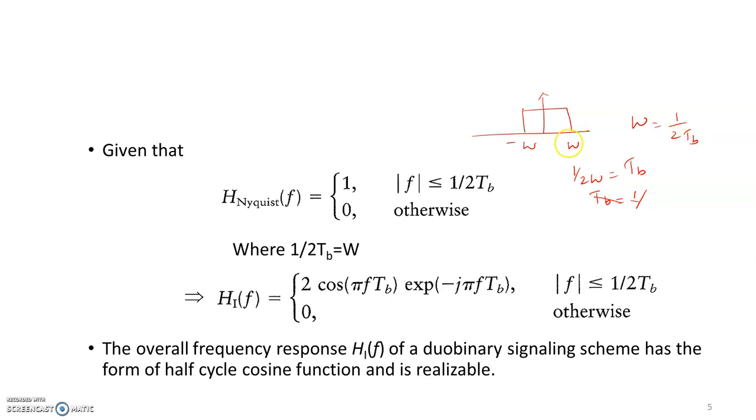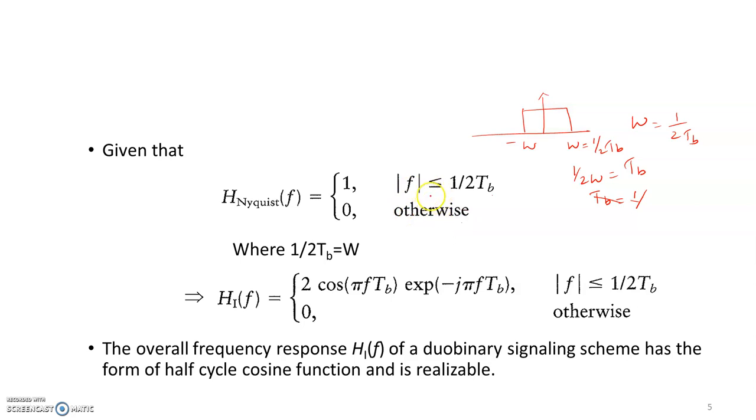So h Nyquist is non-zero from minus w to plus w, where w equals 1 by 2 tb. I haven't considered the amplitude, just written it as 1 from minus 1 by 2 tb to plus 1 by 2 tb and 0 otherwise.